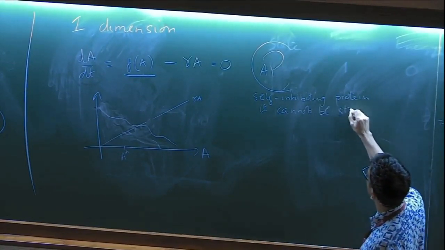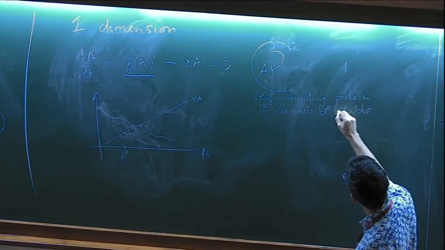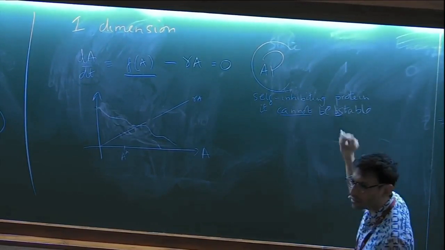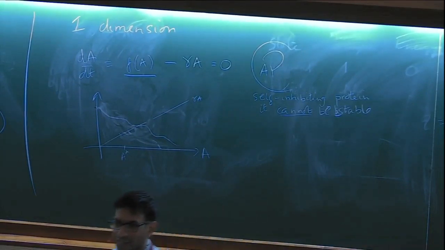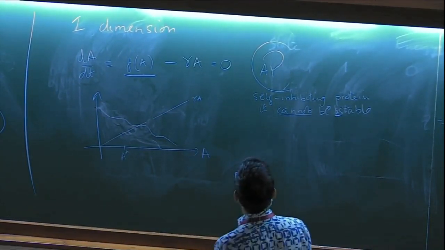Because forget about stability, it doesn't even have two states. Cannot be bistable. So the problem is with the bi part. There are no two states. So we've already got some insight.